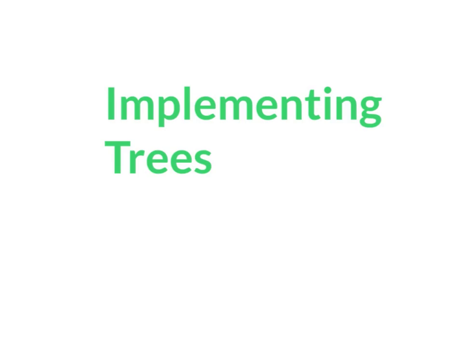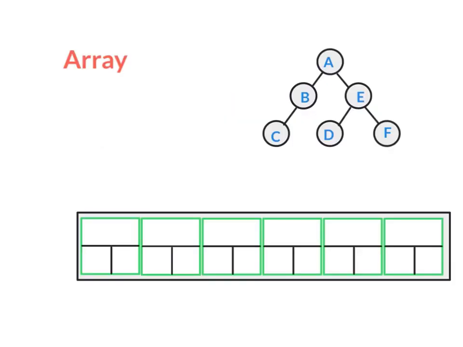So next we're going to talk about 2 approaches for implementing trees. The first way we can implement a tree is by using an array. And here the array is going to hold nodes, and each node is going to have 2 array indices in addition to the element that it holds. So for this array, we could store A here at 0, and that would tell us that that's the root.